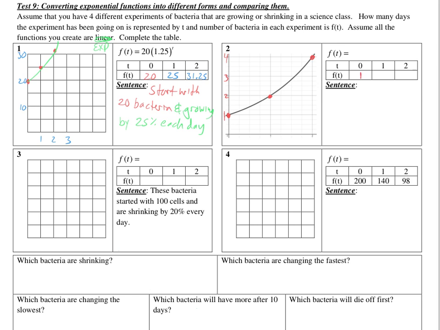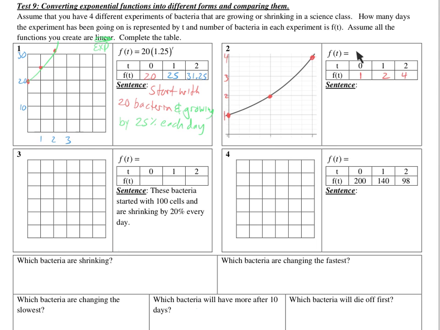At 0, it was 1. At 1, it was 2. And at 2, it was 4. So what we did is we transferred our graph onto the table by looking at the nice, clean spots at 0, 1, and 2.